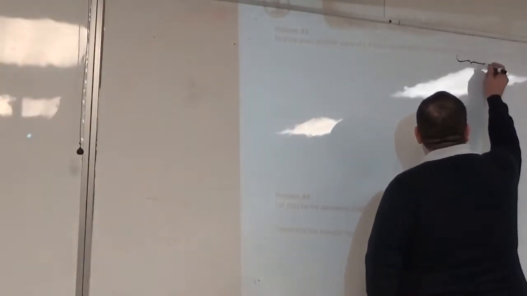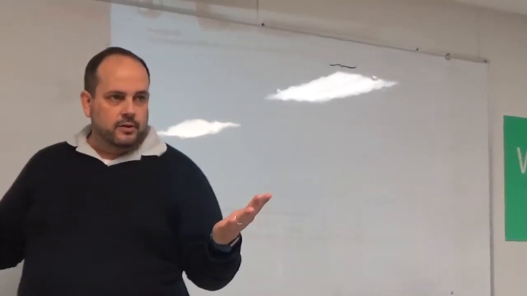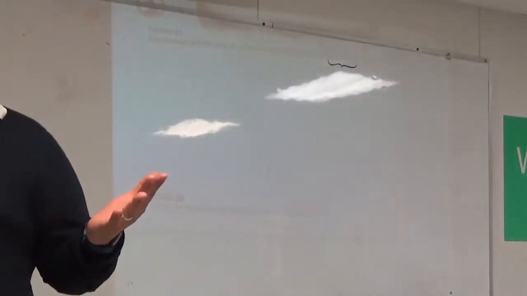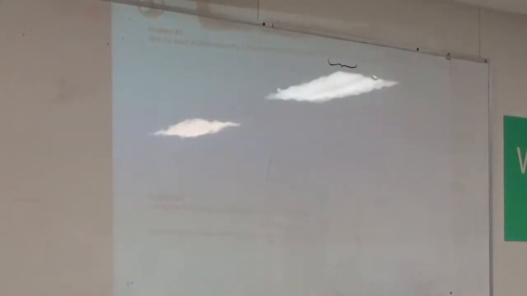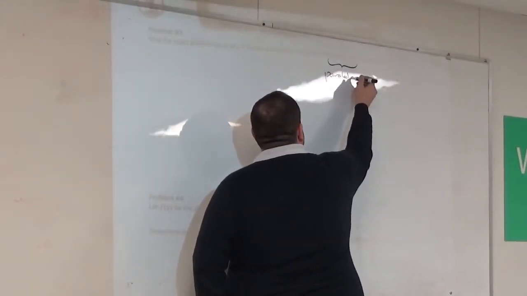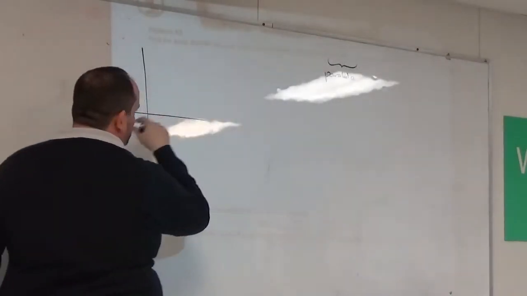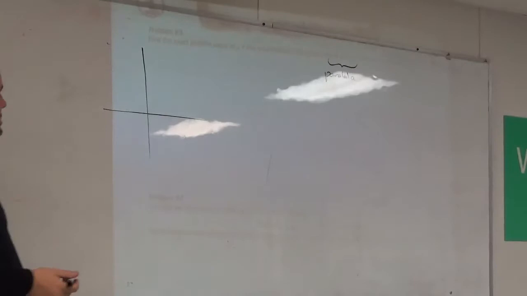Y equals x squared minus some number squared. What does that graph look like? You've got a name for it. It looks like that. Y equals x squared minus stuff is just a parabola. Well, it's a parabola that's been shifted. Which way? It gets shifted down.